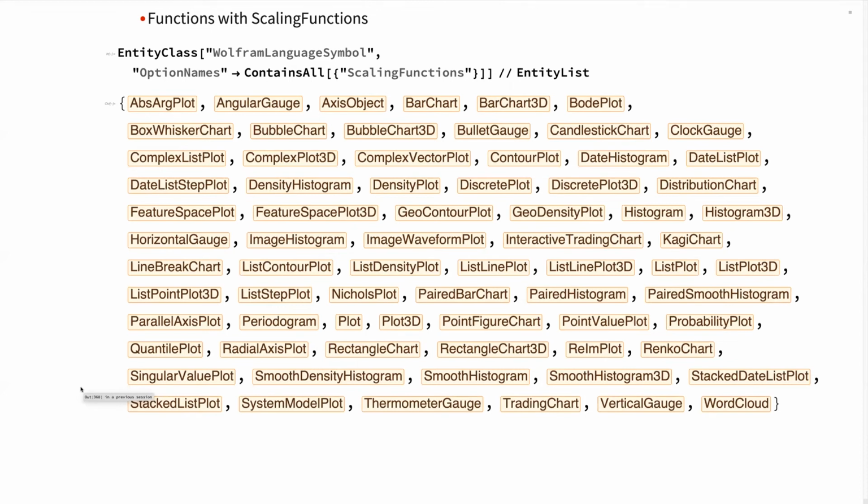For example, the Bode plot and the Nichols plot have their own scaling functions, named sets. So they are all mentioned in the documentation. But the goal here, and hopefully in version 13 and above, is that we will continuously add the automation of scaling functions in different plots.